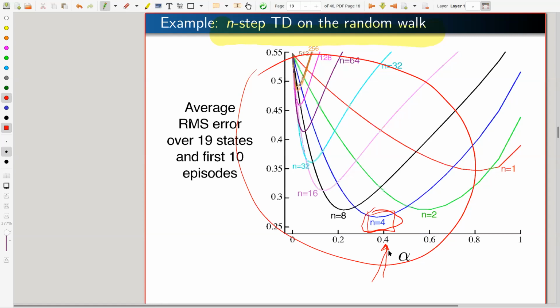And last thing, I told you that sometimes n equal to 1 is better than n equal to 2, but sometimes 2 is better, sometimes 4 is better, 5, 6, sometimes 8 is better, and so on. What if you want to use all of these methods all together?